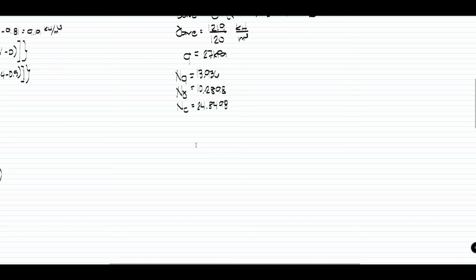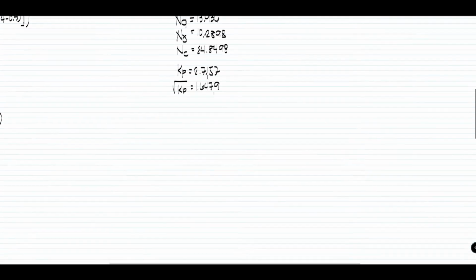So, yan yung still bearing capacity factors natin. Ang magbabago will be our shape factors, kasi magiging B over L yun and DF over B for the depth factors. So, yung KP dyan, hindi magbabago or yung passive earth coefficient, yan pa rin yung 2.7157. And yung square root ng KP will just be equivalent to 1.6479. So, yan yung KP natin and square root of KP.